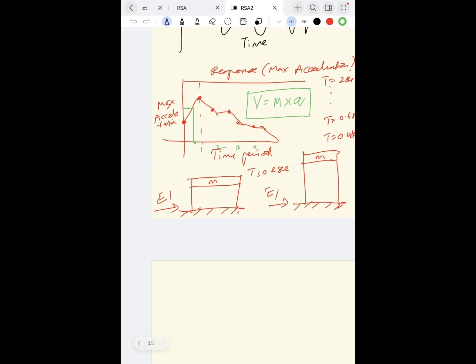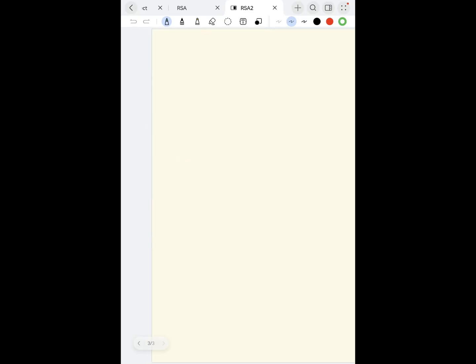Now, similarly, for an earthquake of magnitude E2, we make a similar study to what we have done for the time period. This is the time period, and this is acceleration.